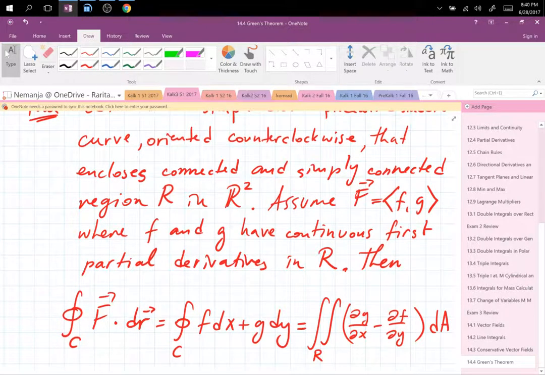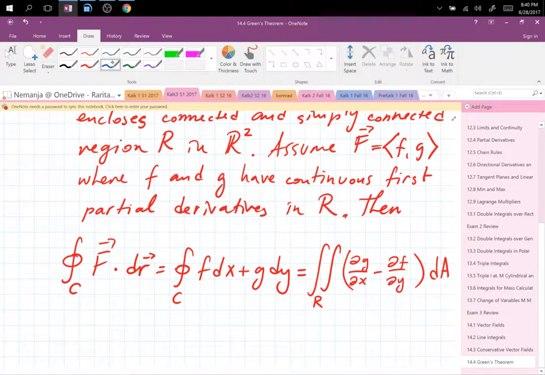This part over here has a name. I almost forgot. This is called the two-dimensional curl. And if curl is 0, then the vector field is irrotational. Because curl, right?